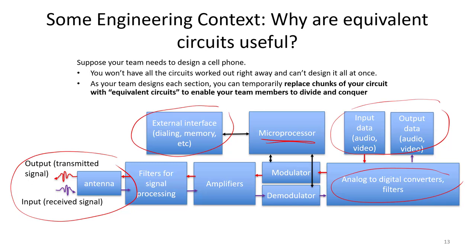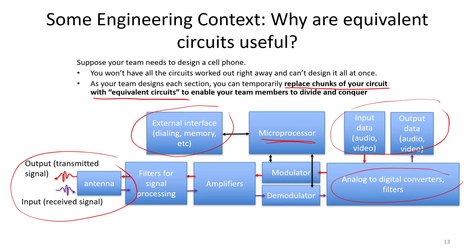So equivalent circuits can be extremely powerful when you need to design something big. Because what you can do is divide up your bigger circuit and temporarily replace chunks of your circuit with equivalent circuits.